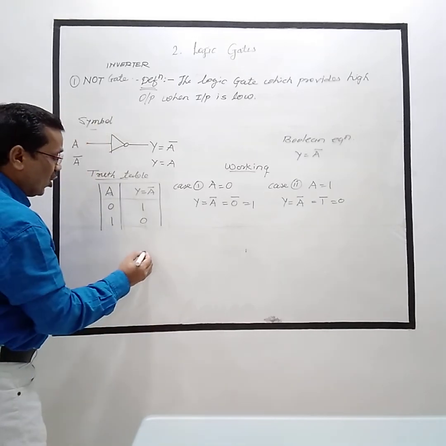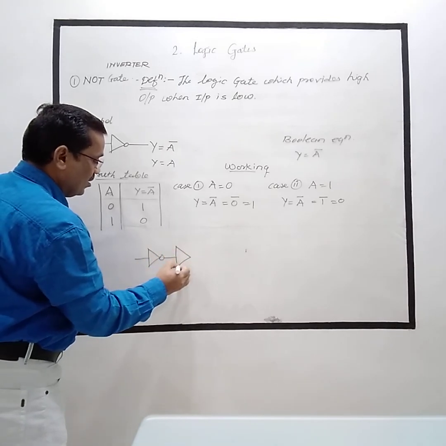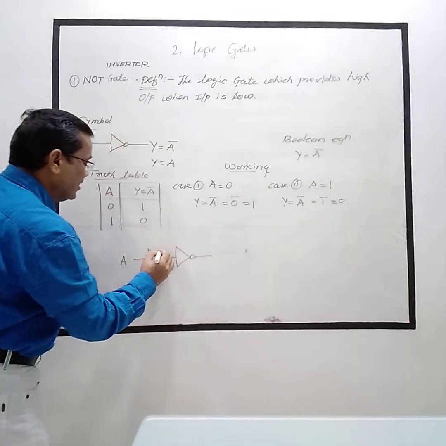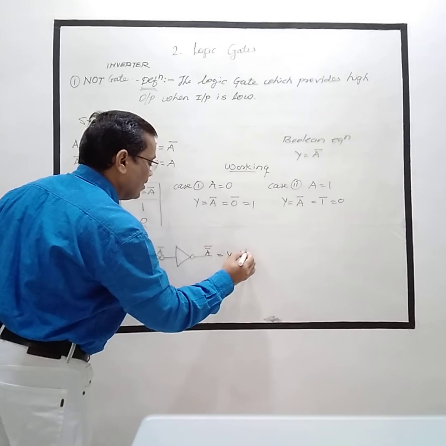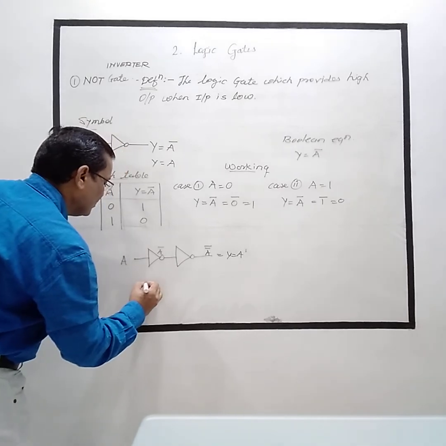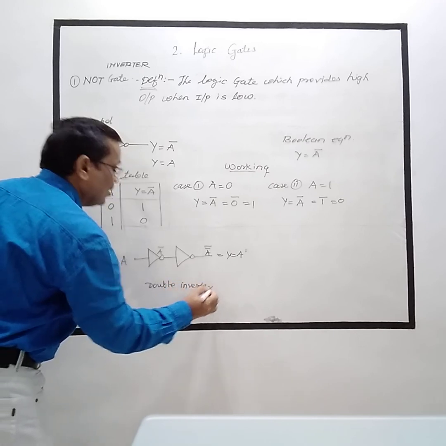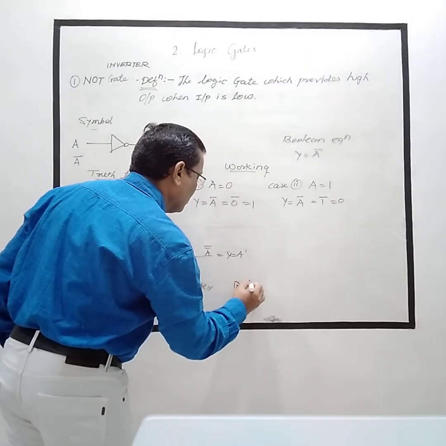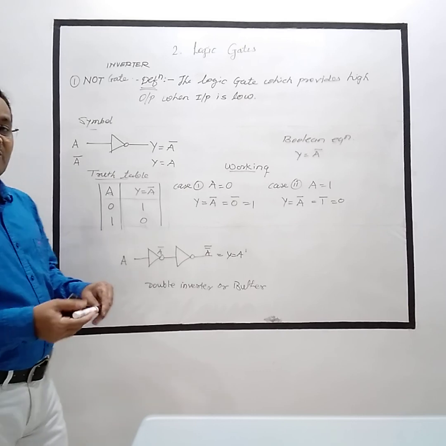Now if we connect two NOT gates end to end, if this input is A, here it is A bar, and here it is A double bar, that is equal to A, so Y is equal to A. It is called a double inverter, which is also called a buffer. So the NOT gate can be used as a buffer.